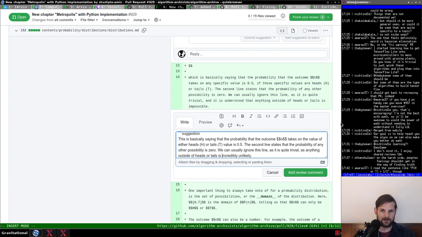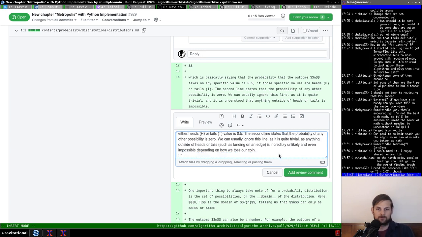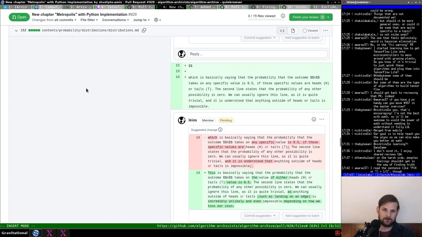We can usually ignore this line as it's incredibly trivial, as anything outside of heads or tails, such as landing on an edge, is incredibly unlikely and even impossible, depending on how we toss our coin. Let's see, something like that. Add review comment.